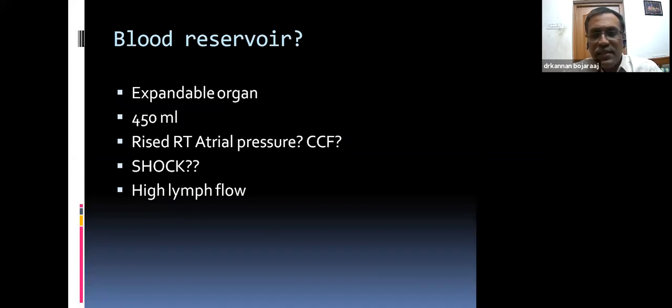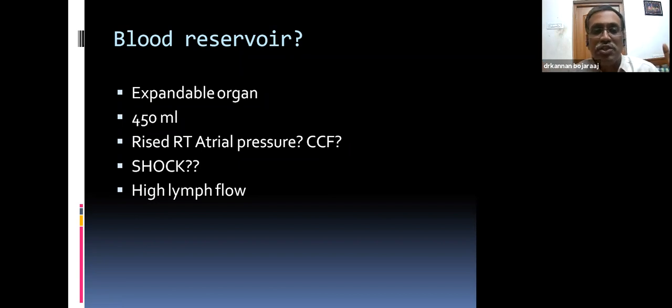And the liver is a very good reservoir. It is an expandable organ. We can see that there are so many sinusoids. These are low pressure areas that can expand, and we can have a volume of 450 ml. If there is any congestive cardiac failure or increase in central venous pressure, there is a backflow that is reflected back into the hepatic vein, then into the central vein and hepatic sinusoids, and the liver will expand.